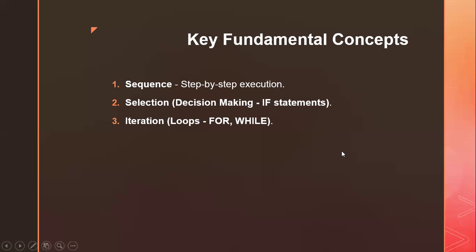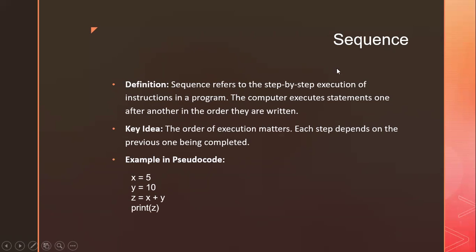The key fundamental concepts here: sequence is step-by-step execution, selections are decision making, meaning if statements and whatnot, and iterations are loops, meaning for, while, etc. We're talking about sequence first. The definition of a sequence refers to a step-by-step execution of instructions in a program.